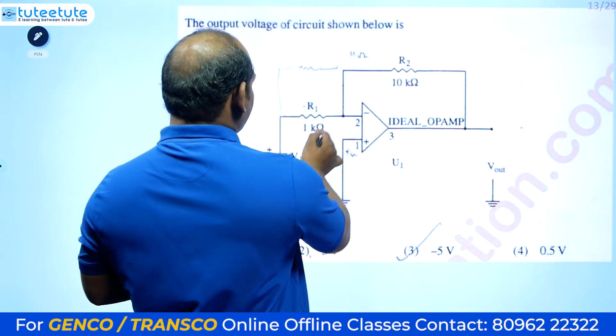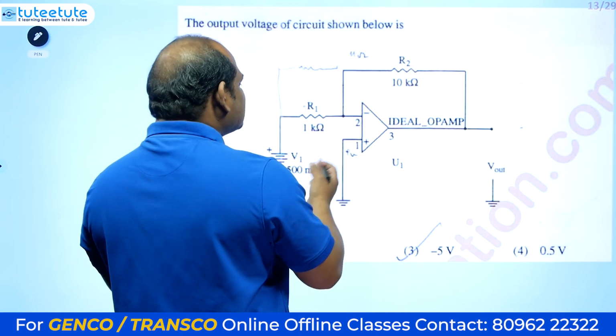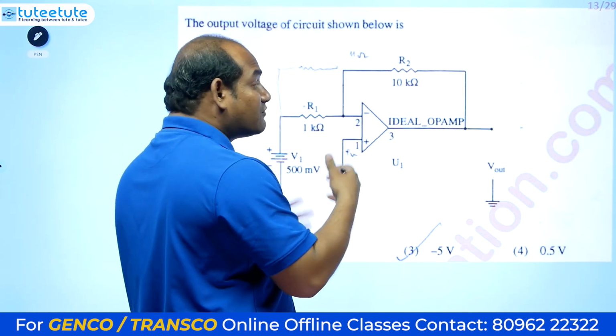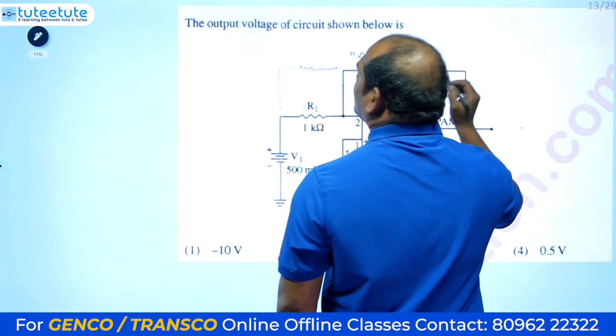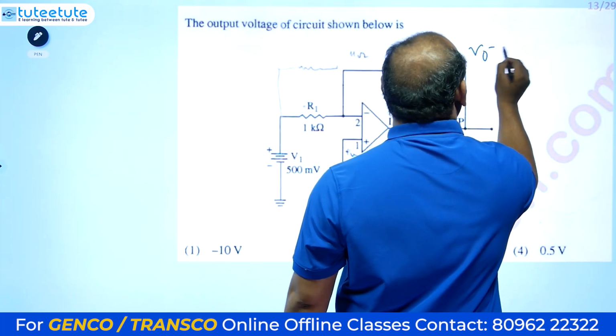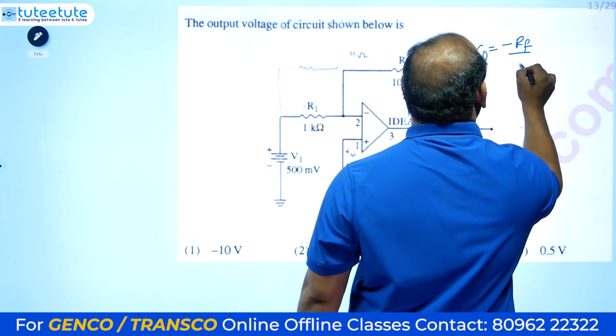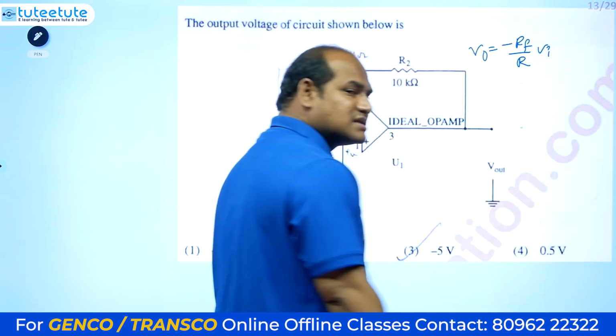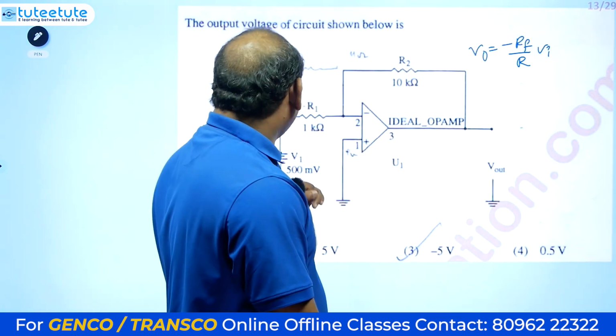And then a 1 kilo ohm resistor is there. It is simply an inverting amplifier, and we have the formula also. So what do we need to calculate? Output voltage only. Output voltage is equal to minus RF by R into input voltage. This is applied for an inverting amplifier, so directly we can take it.